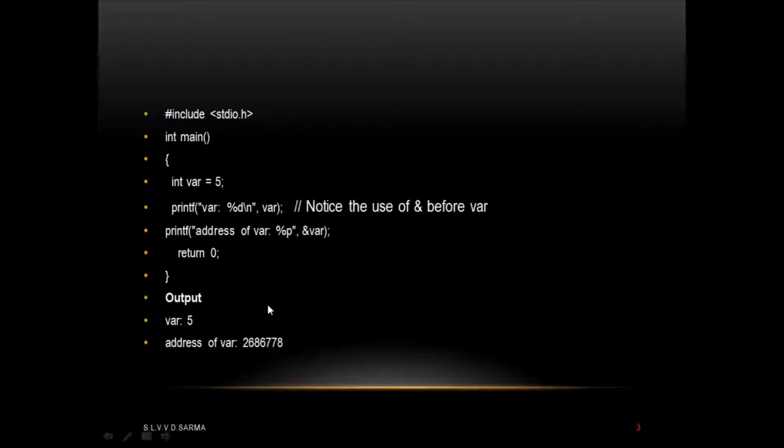If you run your program, you will get a different value. Here I'm just taking an example. There is no guarantee we will get the same address; we will get a different address.